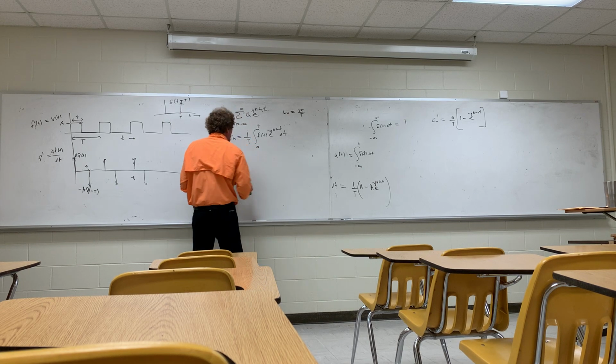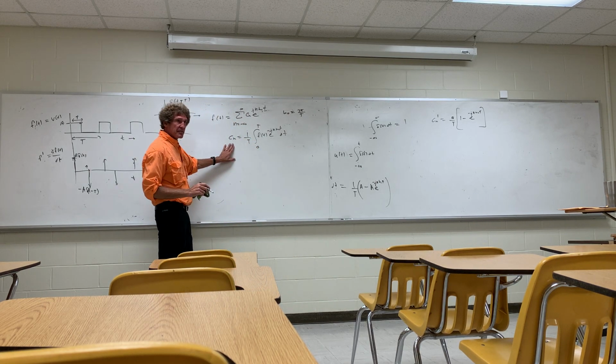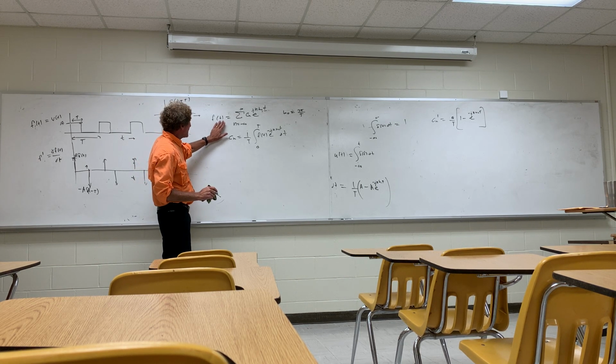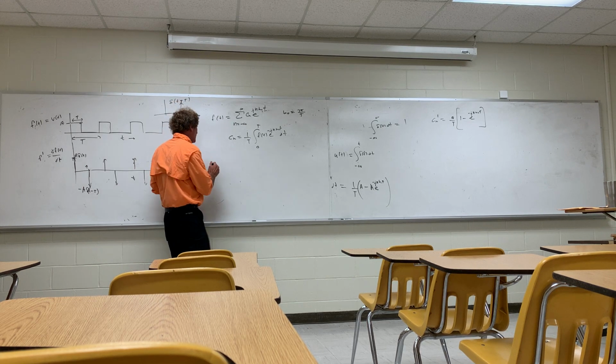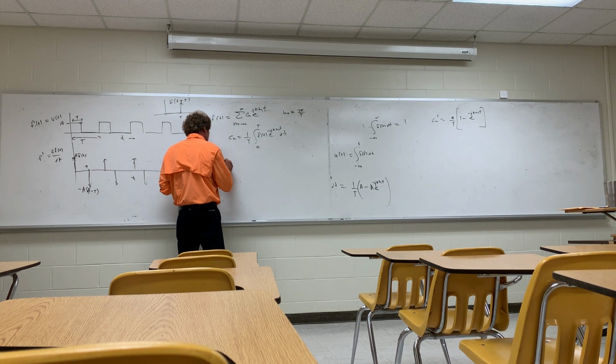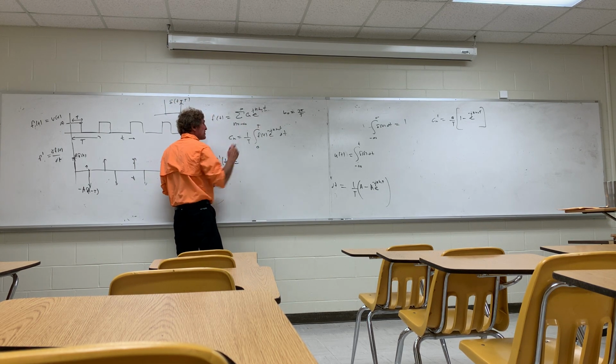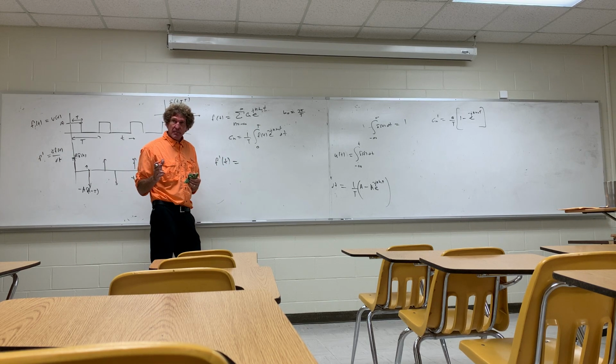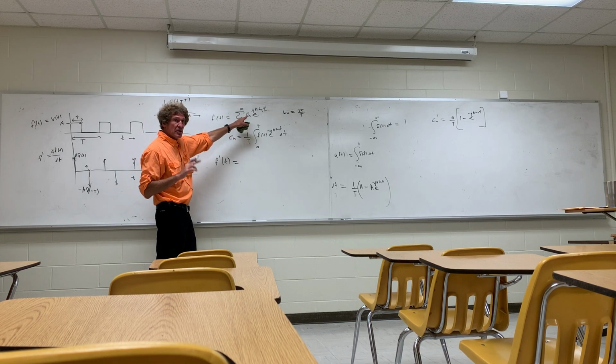Now, if you take a look at this, this is C of n, right? And I look at this as f of t. Now, what is f prime of t? That's the derivative of this with respect to t. You all agree with that? Now, the C of n's in there are constants.